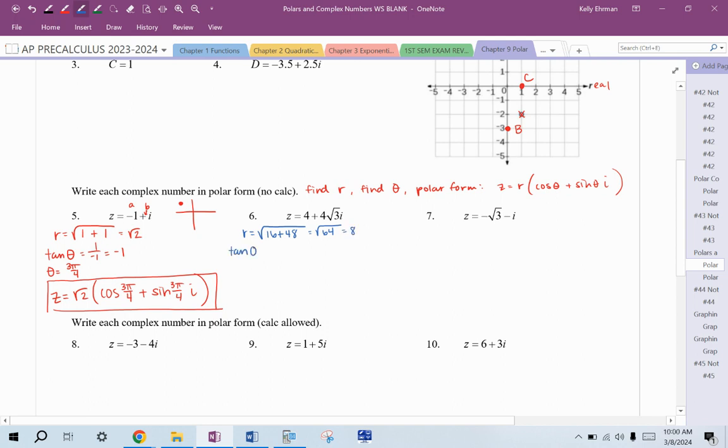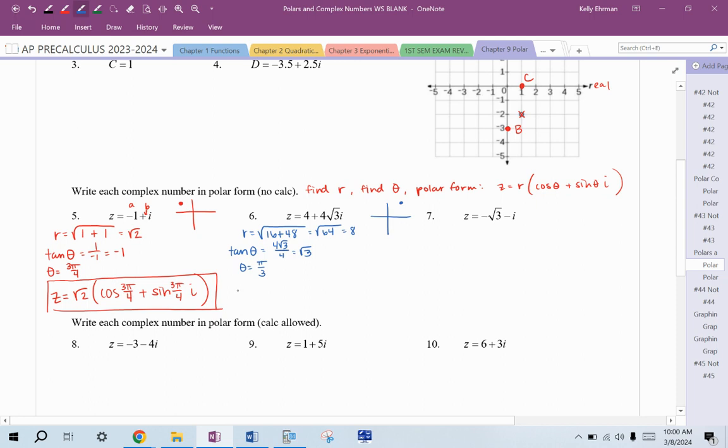The tangent of theta is equal to 4 radical 3 over 4, which is just radical 3. This could be quadrant 1 or 3, so let's see where the complex number falls. If you go right 4 and up 4 radical 3, you should be in quadrant 1. So the quadrant 1 angle that makes tangent equal to radical 3 is pi over 3.